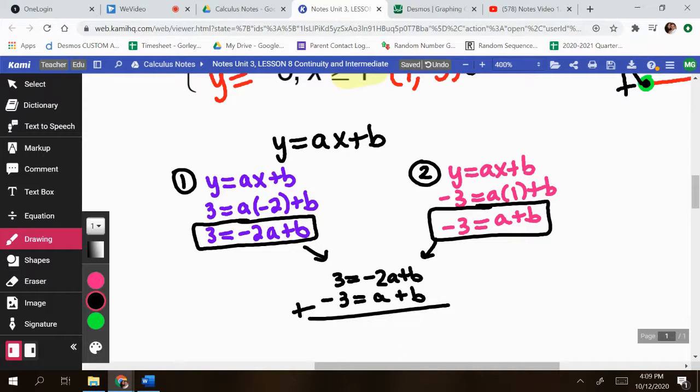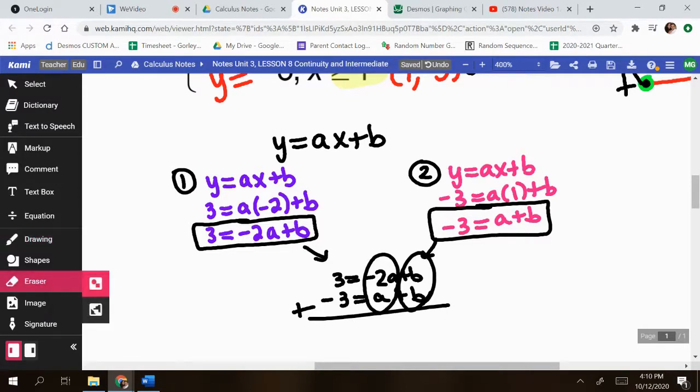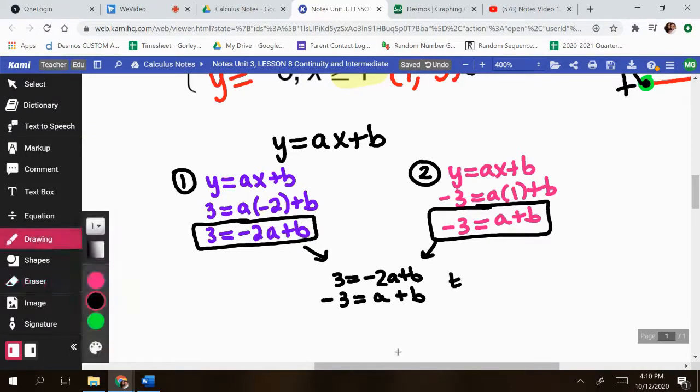Right now, if I add these together, we are not going to see a variable get eliminated. We would have negative a and 2b, and that's not going to help us. So I have to think to myself, what could I multiply one or both of those equations by to get a variable to drop out? Well, let's say I'm trying to eliminate b.